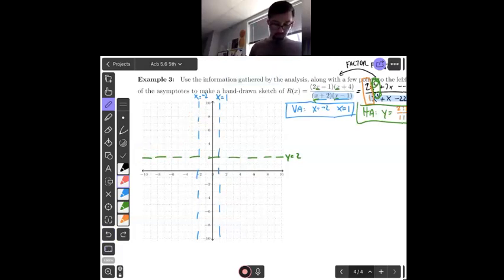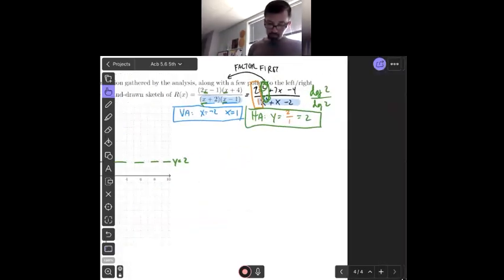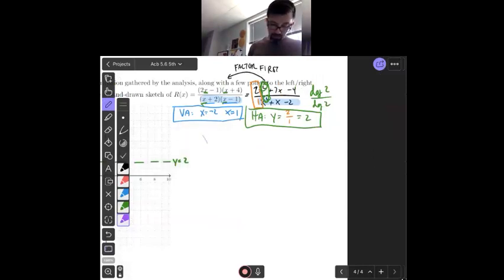So let's get some more points. We want to go ahead and get our intercepts. That's the word I was looking for. Just like last time, we're going to find the x-intercept by setting y equal to 0. We talked about how that really means we can just set the numerator equal to 0.